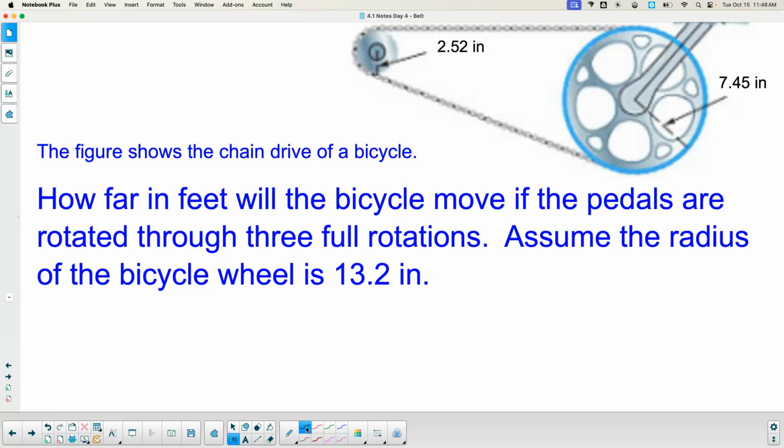Nope. 3 revolutions. We spun the pedals 3 times. Okay. 1 revolution is how many radians? 2 pi. That sounds like a great place to go.